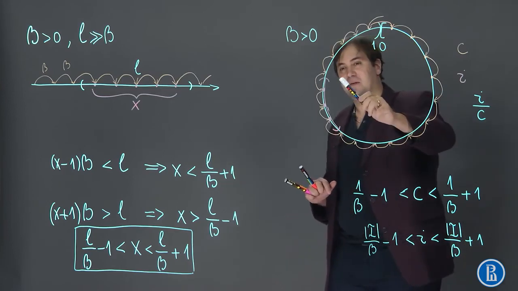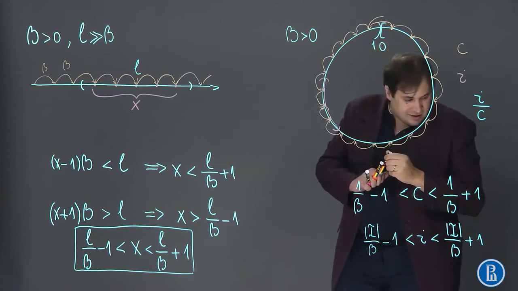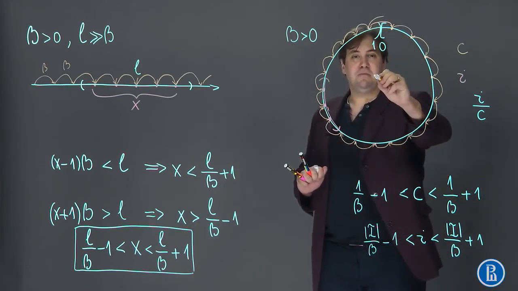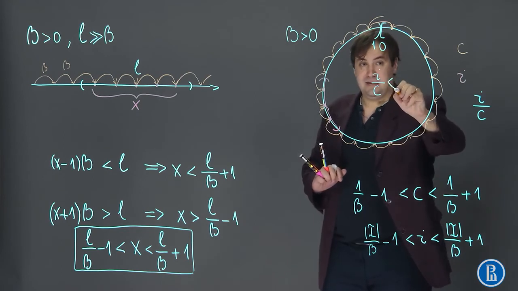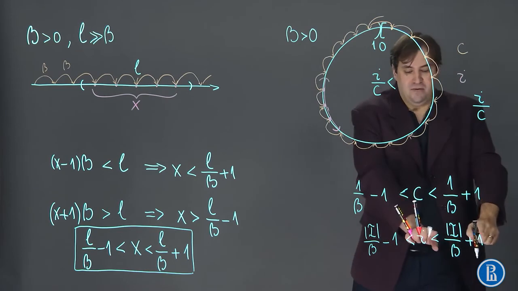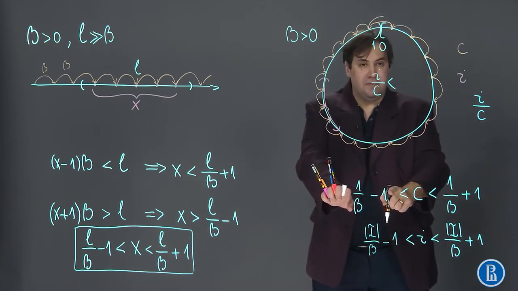the frequency of the grasshopper inside the interval. So let's divide I over C. It is less than the upper estimate for I over the lower estimate for C, right?